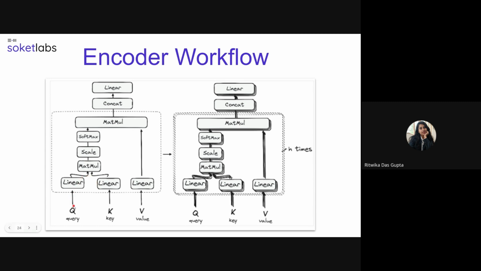So when this query and key are passed, a linear transformation is taken, and then a matrix multiplication happens, and the process continues. In higher dimensional data, this entire process will continue h times. That's why it is known as multi-head attention. So we are dividing it into h times and iterating over and over again.